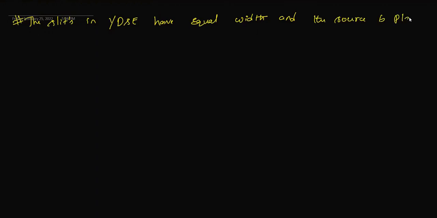The slits in YDSE have equal width and the source is placed symmetrically with respect to the slits.